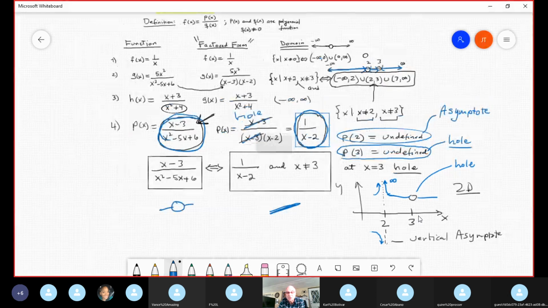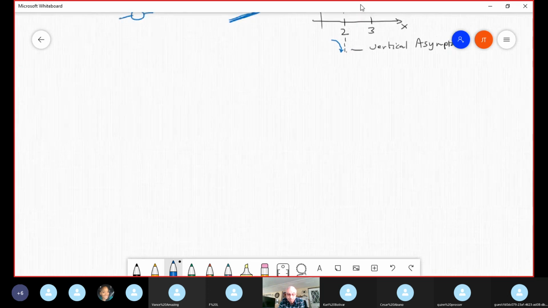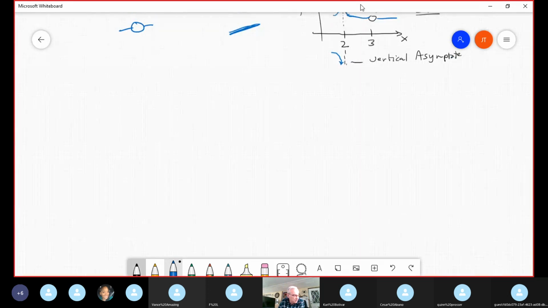I introduced artificially the new idea of the vertical asymptote. I want to discuss it right now in a few seconds. This situation never happens in a polynomial function.